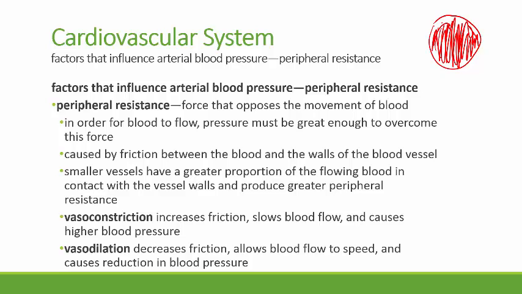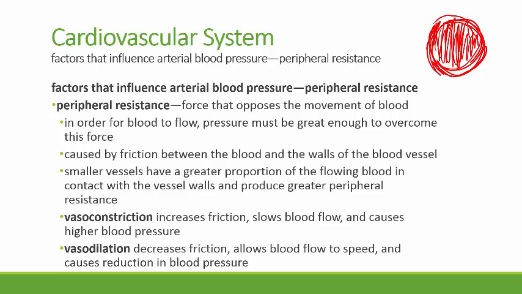and the walls of the blood vessel. So the only place where we're going to see a lot of peripheral resistance is anywhere that the blood is right up against the wall of the blood vessel.